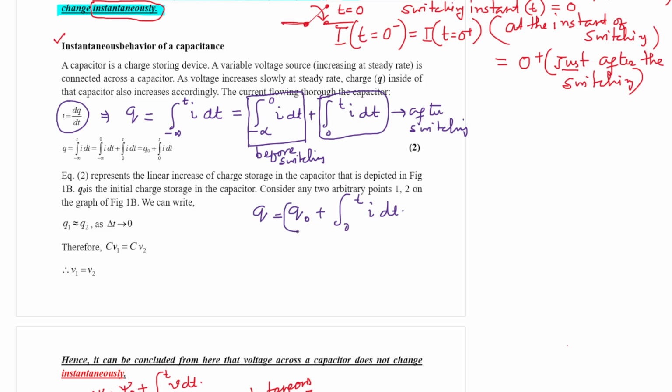What is Q0? We are discussing capacitance, and capacitance is a charge storing device. So Q0 refers to the initial charge stored by the capacitor.